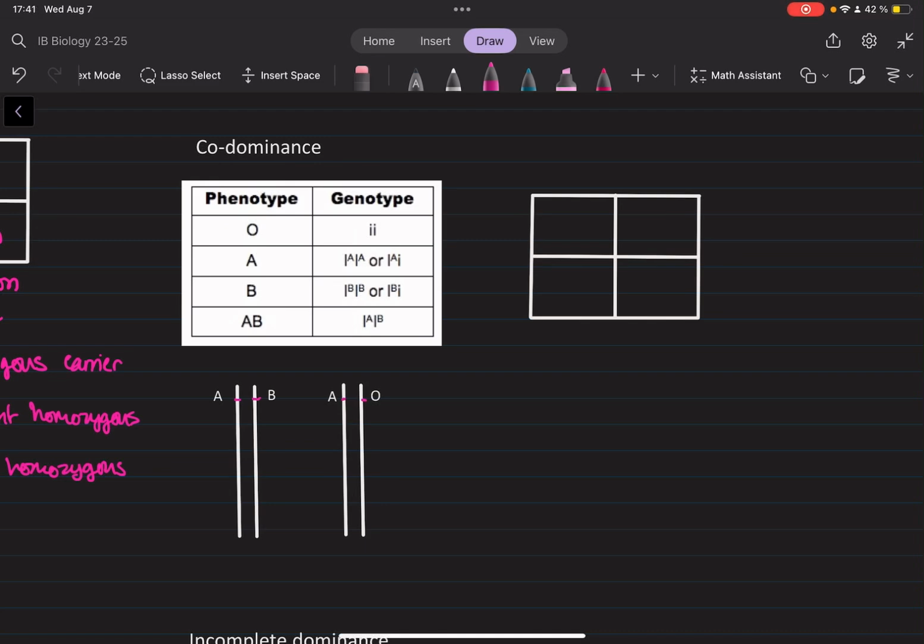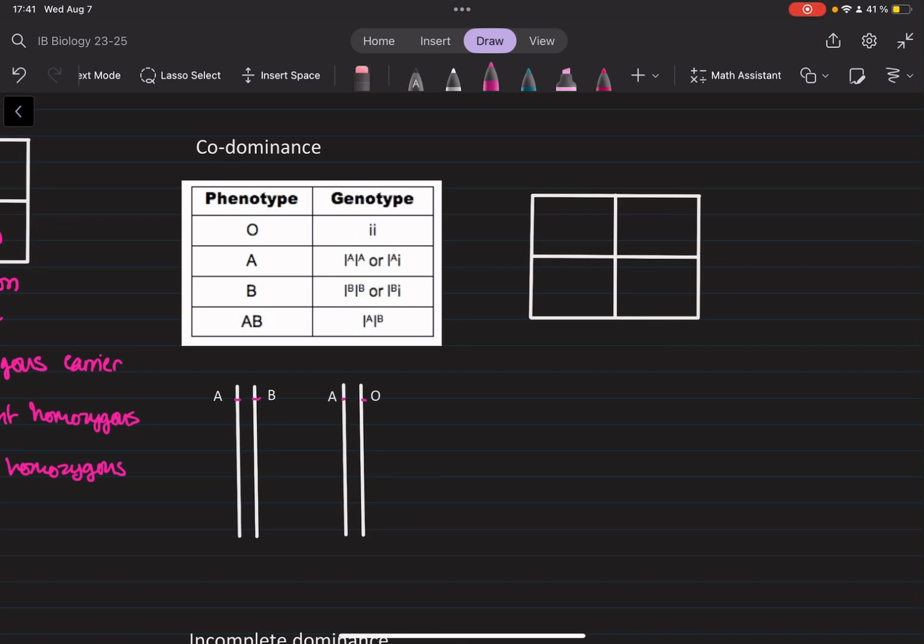And when you have an A and a B, because they're both dominant, they are both being expressed, which is what codominance is. Now, O-type blood is recessive, so it's not dominant, so it doesn't act in the way that A and B blood type do. So AB blood type isn't its own thing, it's just a mixture, so to speak, of the A and the B blood type.